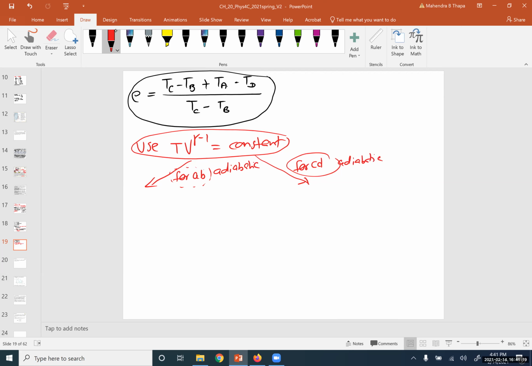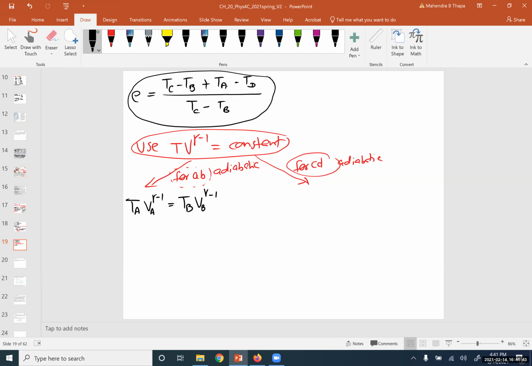Let's do that. What will happen for this AB part? We can write TA VA to the gamma minus 1 equals TB VB to the gamma minus 1.